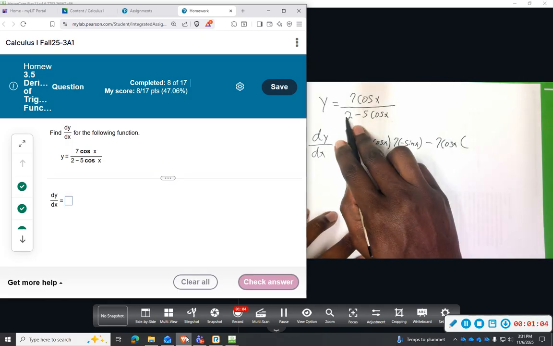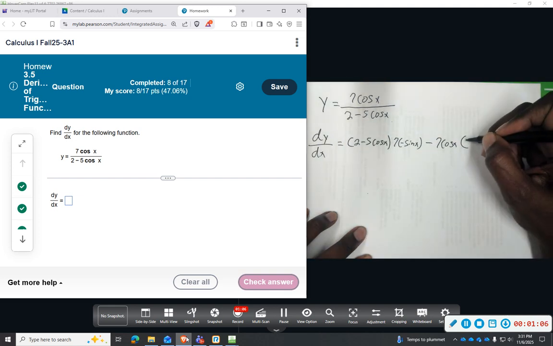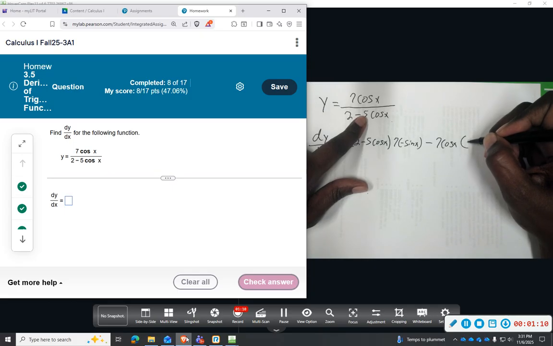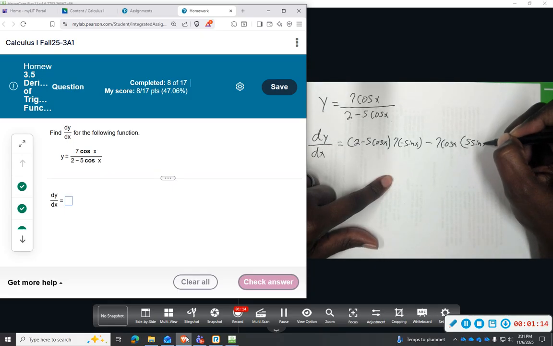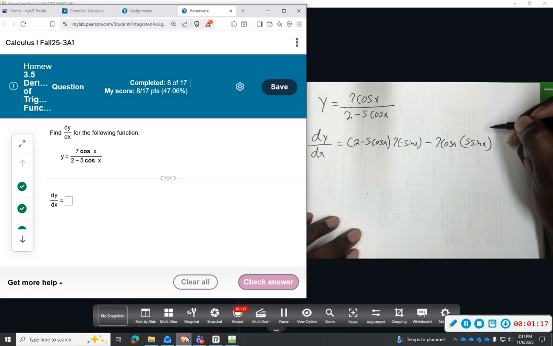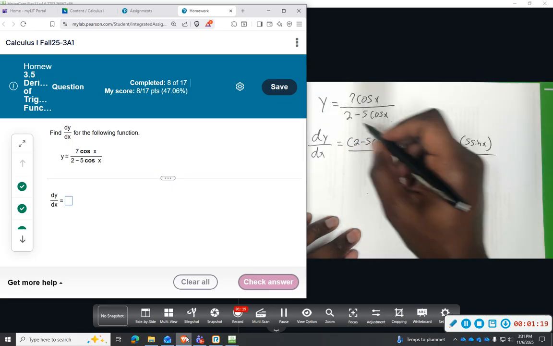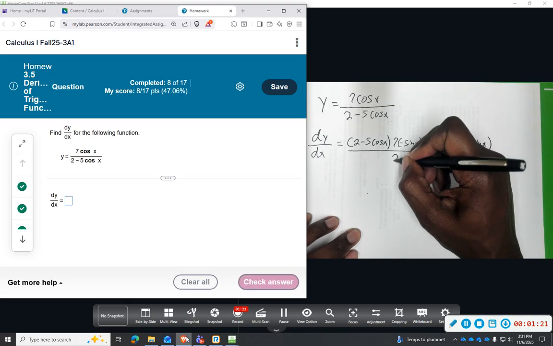So derivative of 2 is 0, and that'll be negative 5 times a negative cosine, which will give us a positive 5 sine of x, all over the denominator squared.